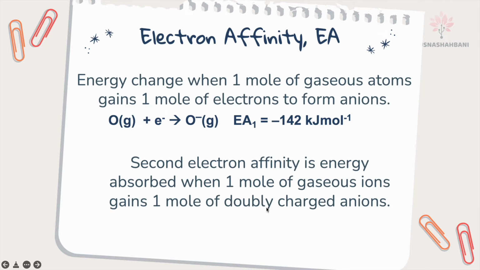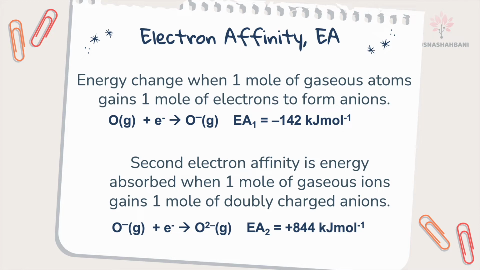So 1 mole of O minus plus 1 mole of electrons becomes O2 minus. The first time, from atom to ion. The second time, an ion gains 1 more mole of electrons to become O2 minus. That is the second electron affinity. The second electron affinity is an endothermic reaction, positive 844 kilojoule per mole.